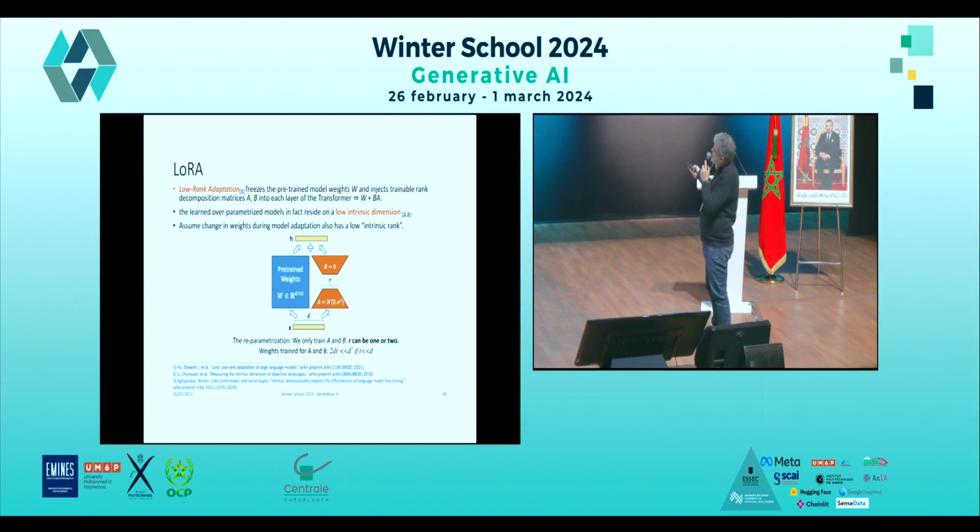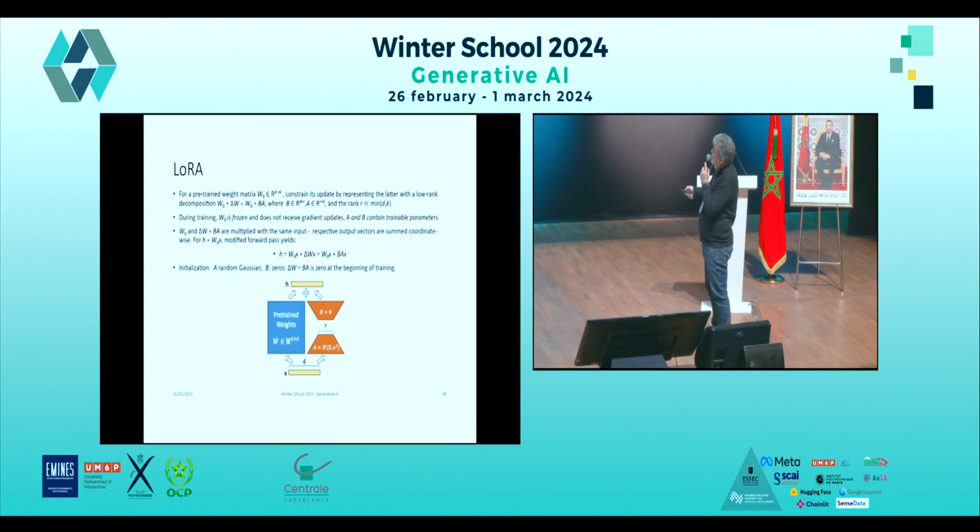So this means that the weights that are being trained is the product of A and B, which is 2 times D times R, which is much smaller than D square, which is this one, if R is much smaller than D, and this R dimension can be even as low as 1 or 2. So this means that we have very low number of parameters.